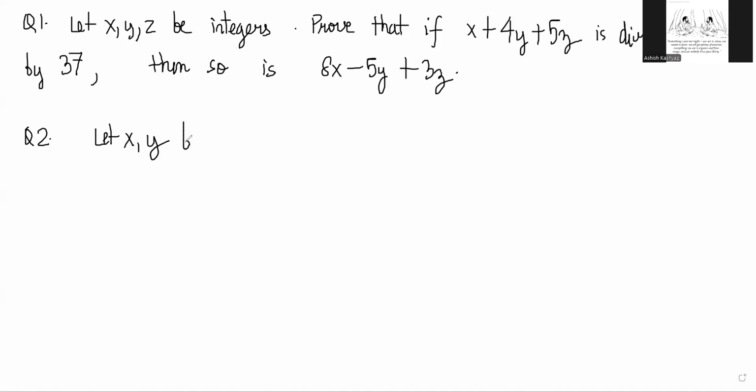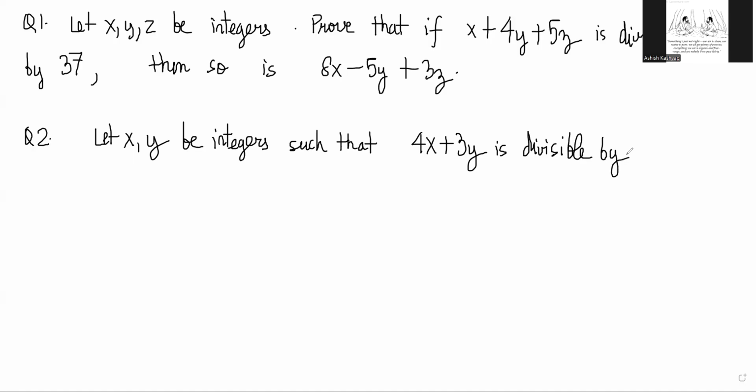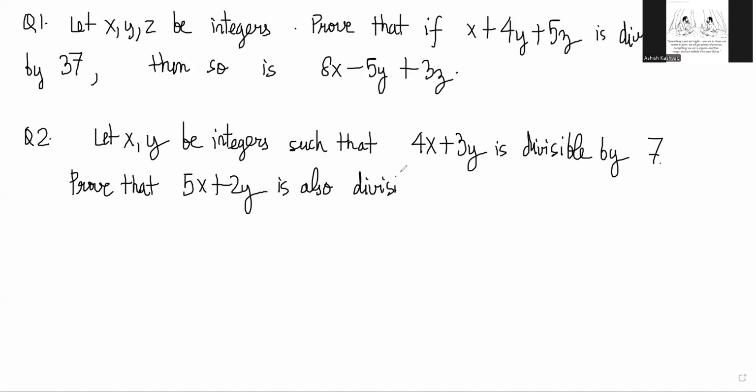Let x and y be integers such that 4x plus 3y is divisible by 7. Prove that 5x plus 2y is also divisible by 7.